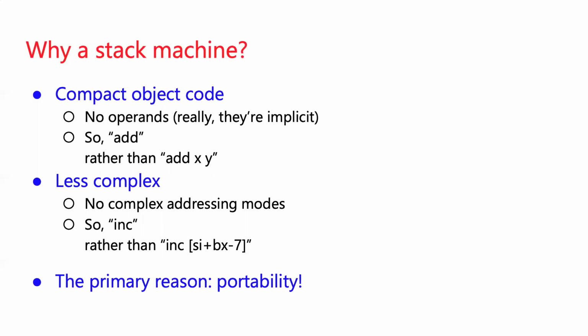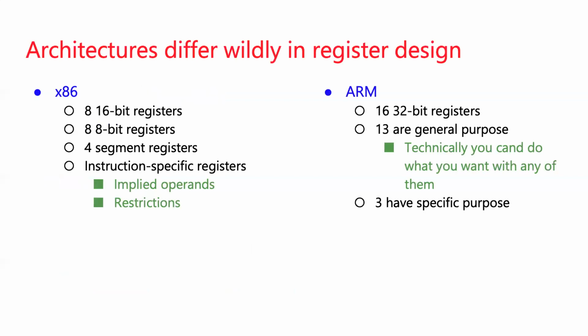Why favor this simple model of defining instructions and accessing memory? Well, the simpler we make the JVM, the easier it's going to be to target different architectures for that. And you've seen a little bit of this already.